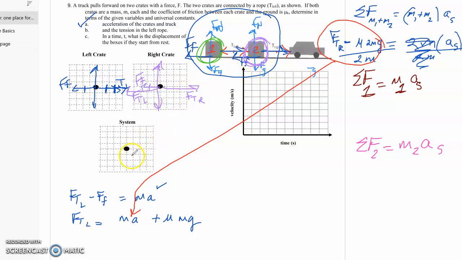But if we look at the system, then this in here cancels out, right? And so then for the system, we end up with friction, which is of both of them. So I can just say the friction on M1 and M2.